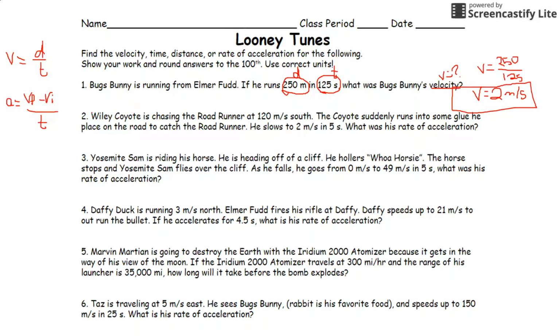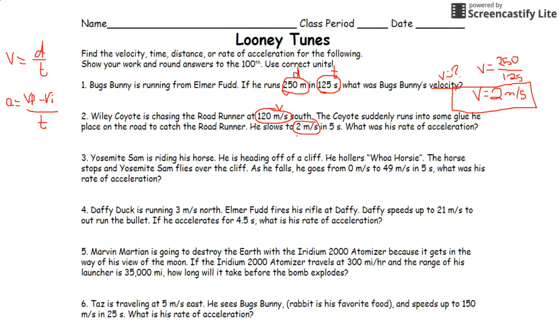Sorry about that bell. Number 2, Wile E. Coyote is chasing the Roadrunner at 120 meters per second. Meters per second is a velocity. The coyote suddenly runs into some glue he placed on the road to catch the Roadrunner. He slows to 2 meters per second.